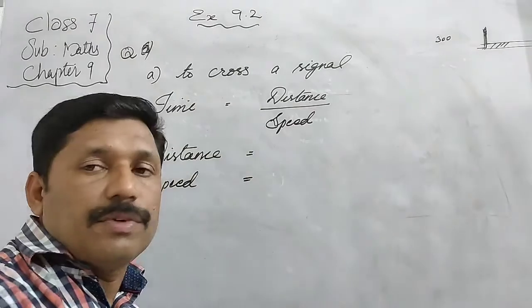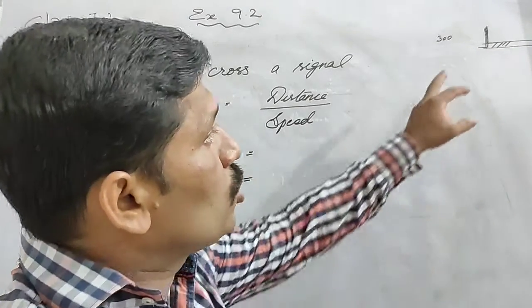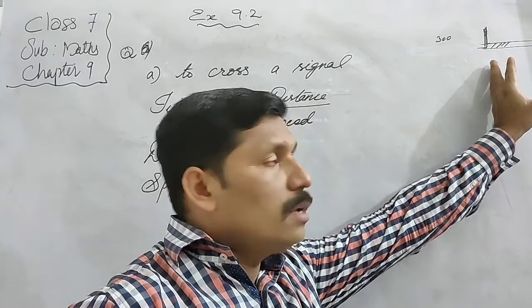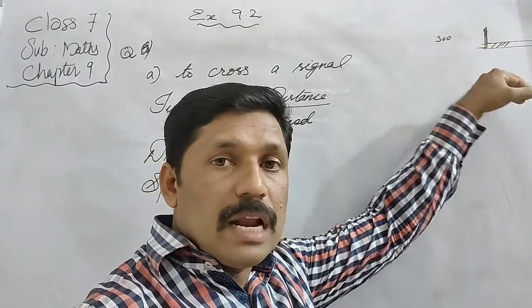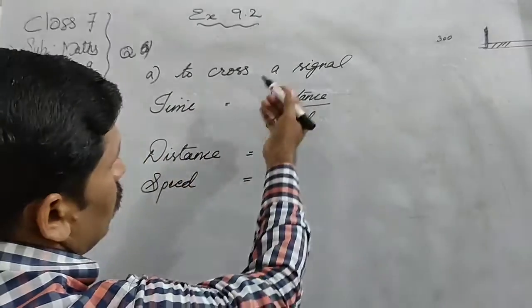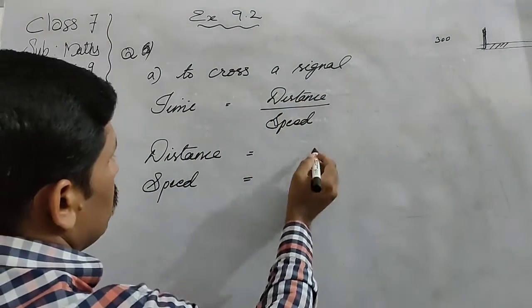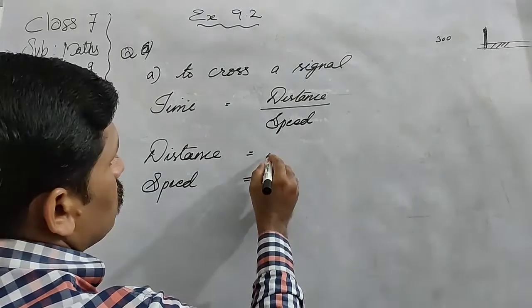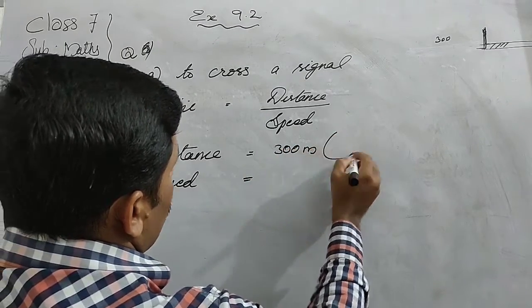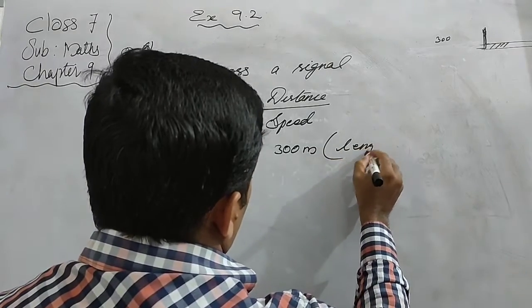Then only it will have crossed. So the distance to cover the signal is equal to the length of the train. Here we have to find the time, which is distance by speed, and the distance is 300 meters, the length of the train.